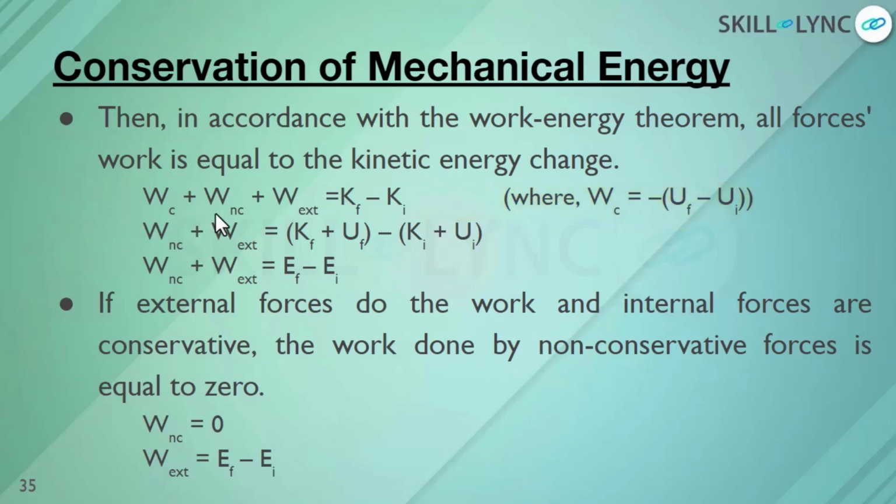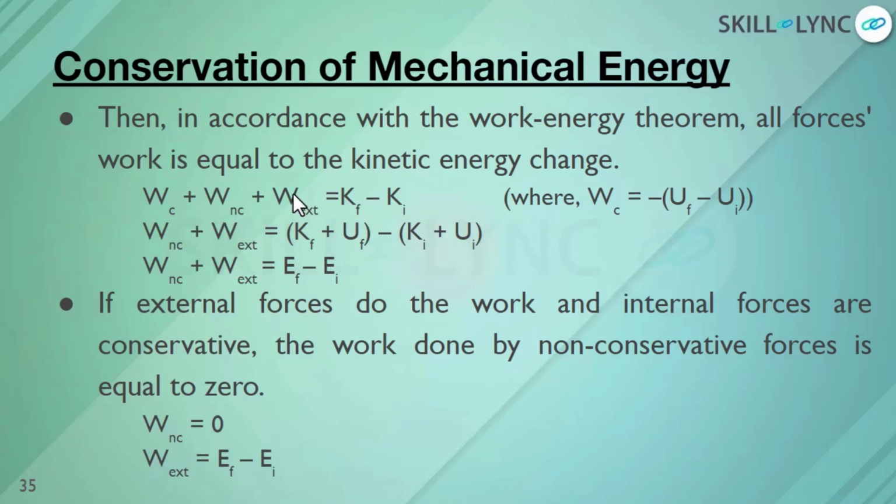Thereby, we can write this equation as work done by non-conservative internal forces plus work done by external forces is equal to Kf plus Uf minus Ki plus Ui. How have we simplified this equation?